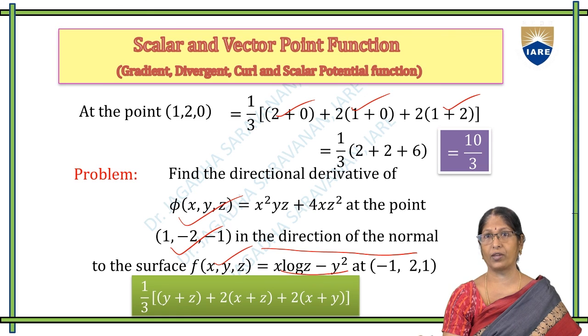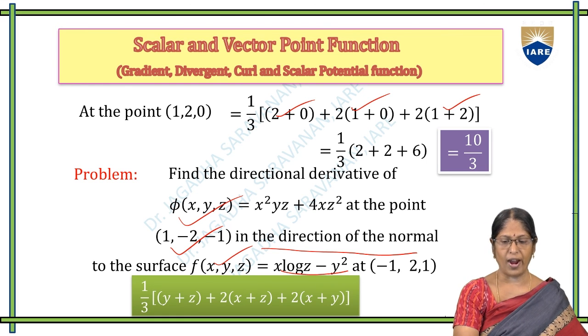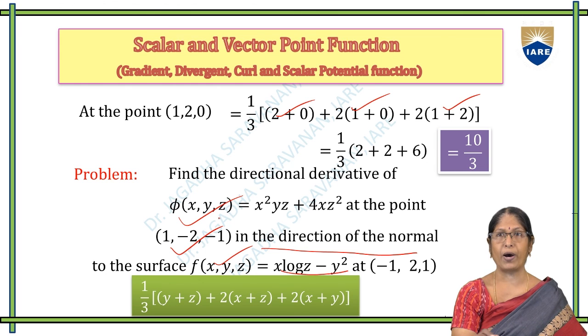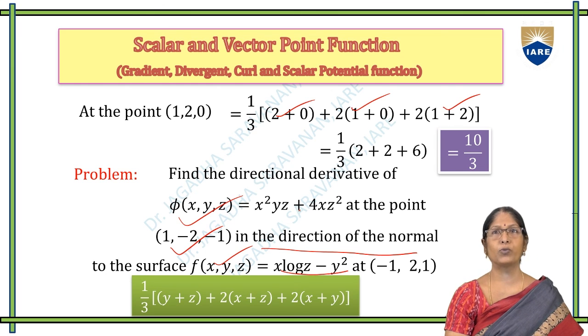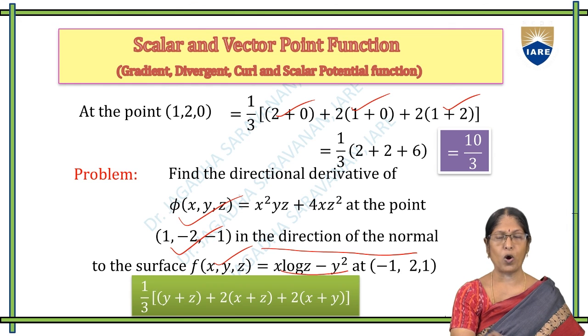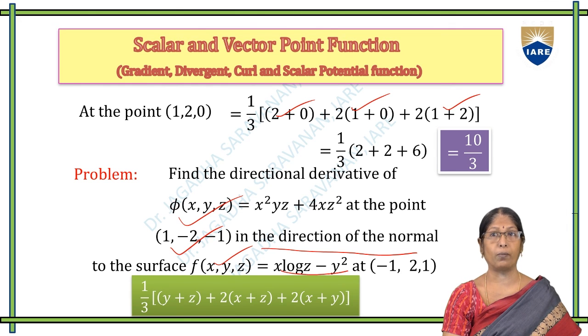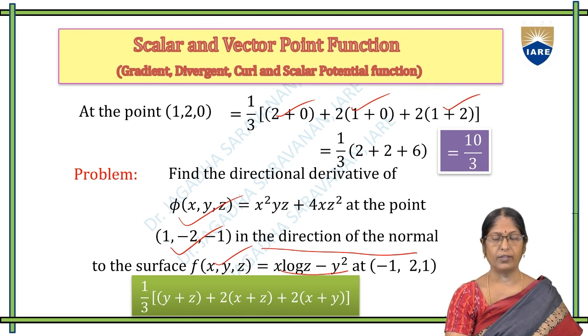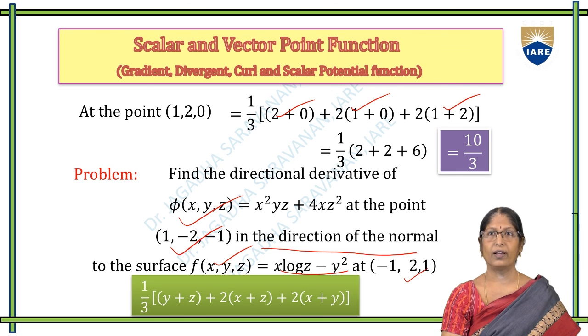Two functions are given in this problem. We have to find the directional derivative of φ at the particular point in the direction normal to the surface given by the other function.